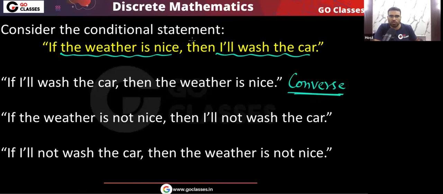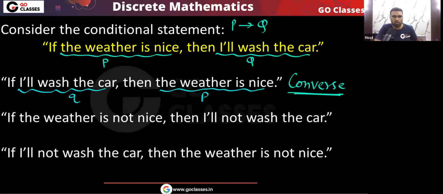Because you can see our conditional statement is if P then Q, that means P implies Q. And here you have Q, here you have P. So the first statement is converse.